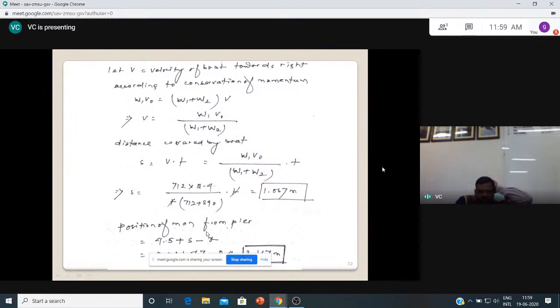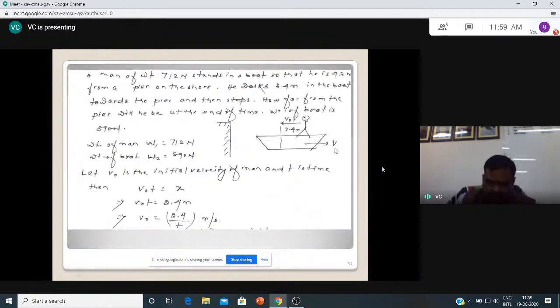The boat is moving forward. This is the distance 4.5 plus s, total distance. In that, how much is the man's movement? S is the distance the boat is moving in this direction, from here to here 4.5 plus s.